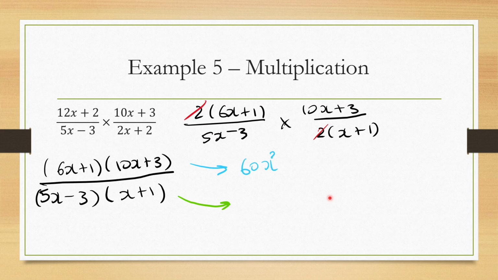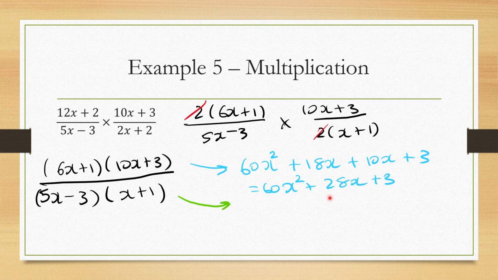So the numerator is going to be 6x squared plus 18x plus 10x plus 3, which can be simplified down into 60x squared plus 28x plus 3.